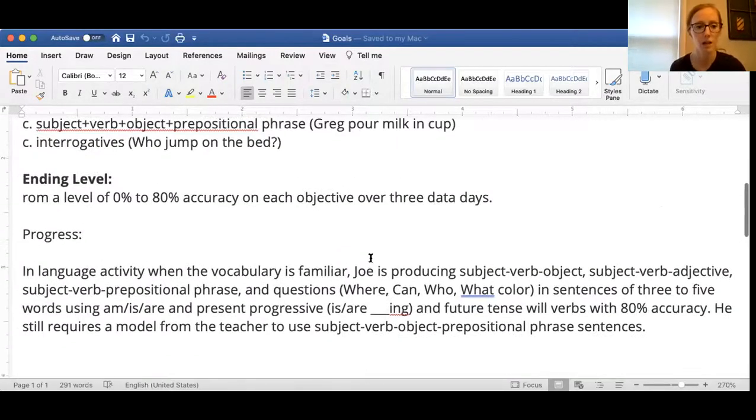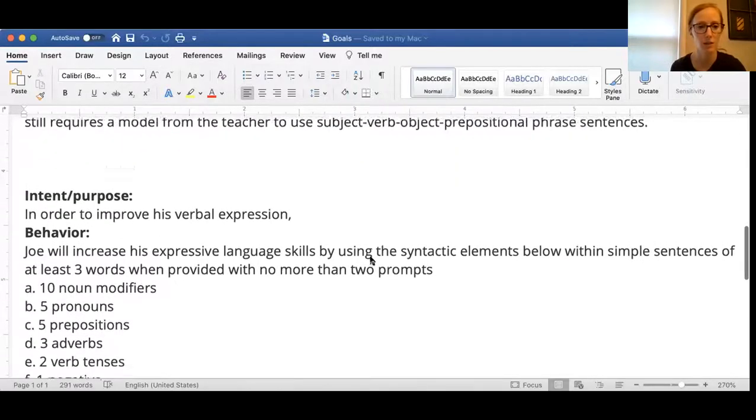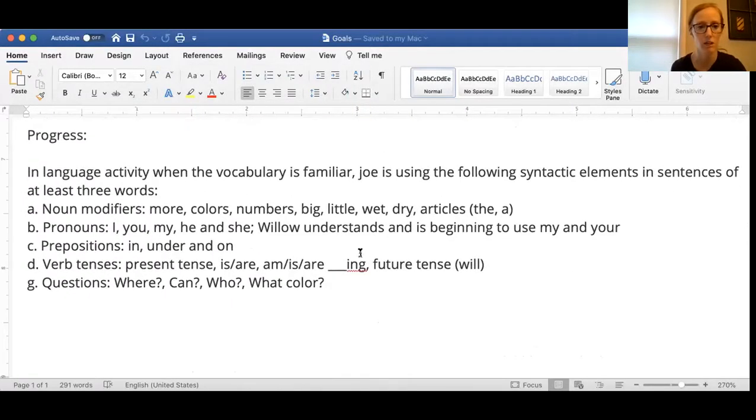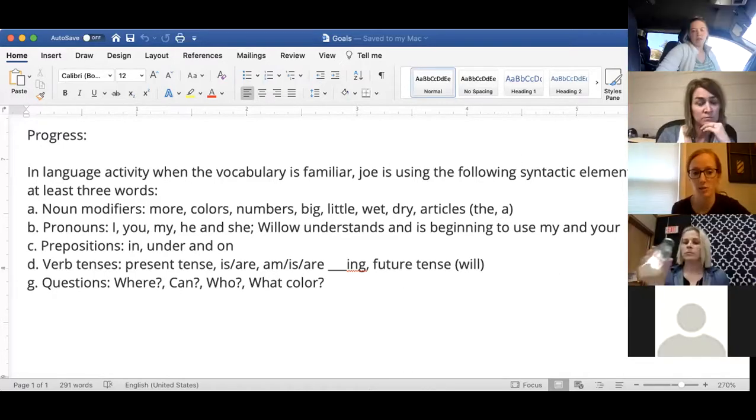So here, go back to progress if you can, and without showing student, just saying this is what they're using in a lesson setting with this many prompts, or with fewer, with a question prompt, and listing those different syntactic elements.